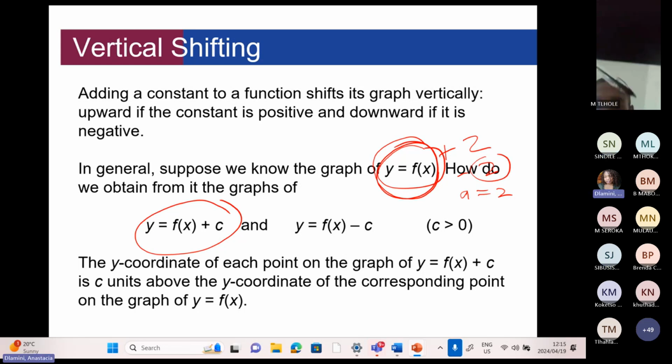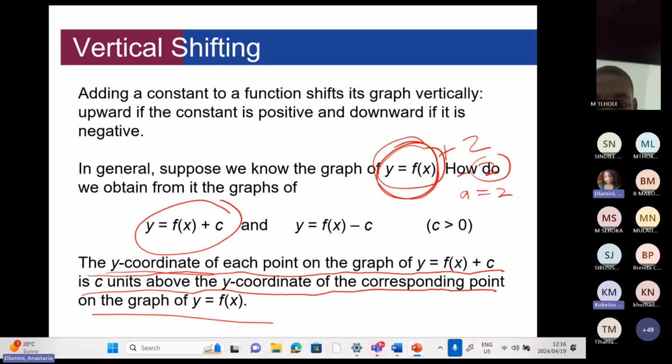Now they're saying the y coordinate of each point of the graph of f of x plus c is c units above the y coordinate corresponding to the point of this graph. So which one is changing? In this point, x and y, which coordinate is changing?